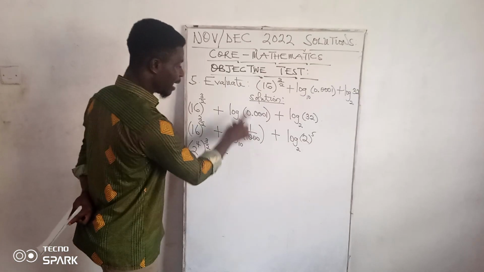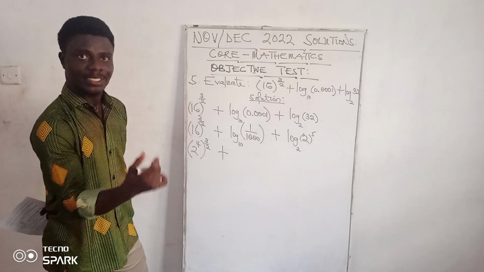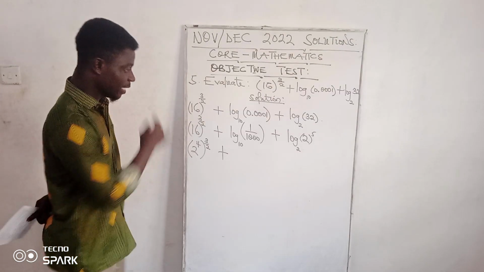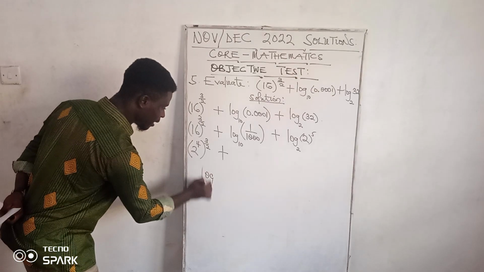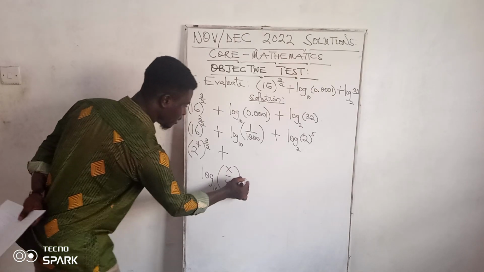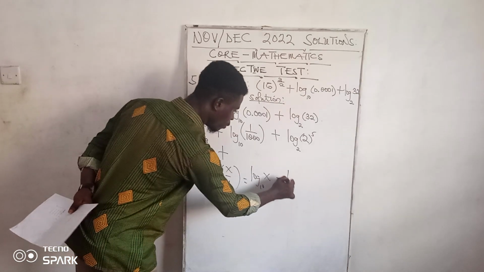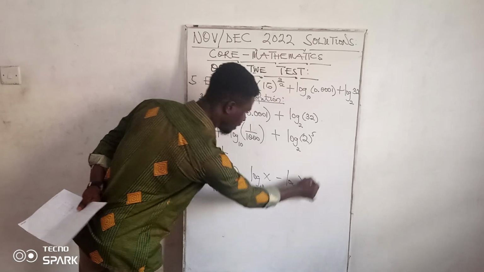Now they are dividing, right? Base 10. So we can subtract. That's the law of logarithms. If you have log of x divided by y base 10, it is equal to log of x base 10 minus log of y base 10. Don't forget this law.